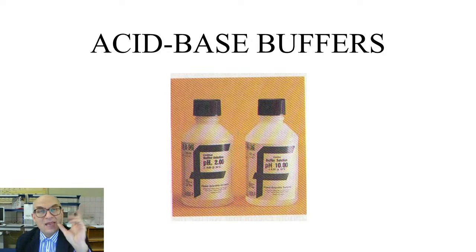And this pH change is dramatically large, very large. But if I use a buffer, for example blood, and if I add 1 milliliter of concentrated hydrochloric acid to 1 liter of the blood, the pH change will be about 0.1, maybe less.